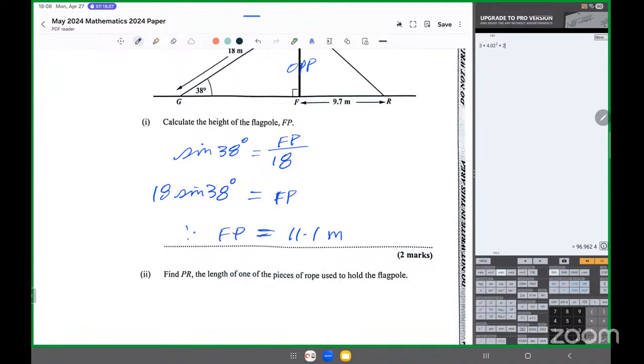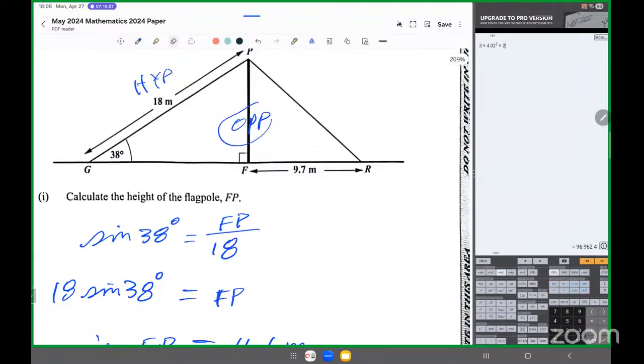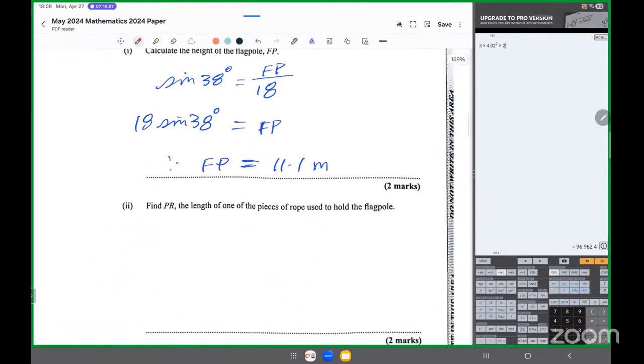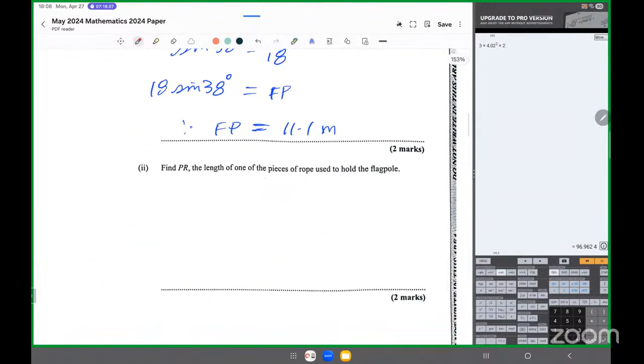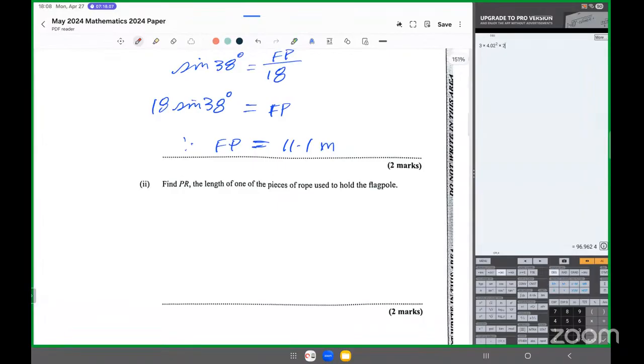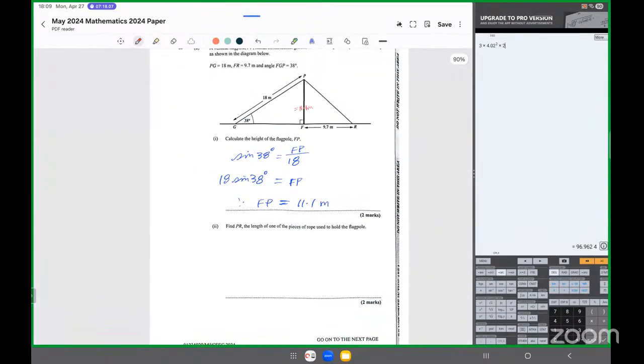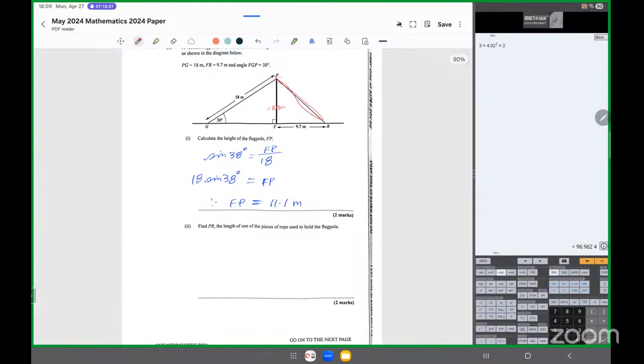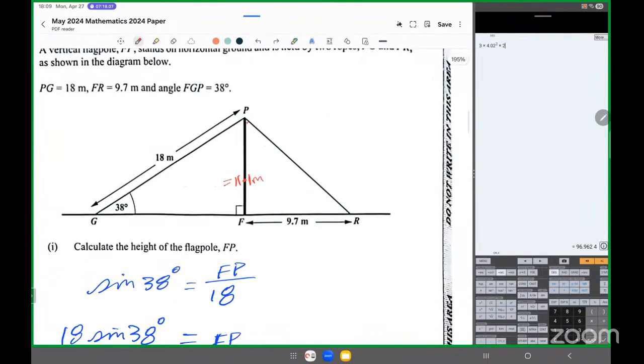All right, next question. We know that this length is 11.1. As you find information, you put it on the diagram. So this length is put on in red. It's now equal to 11.1 meters. Next question says, find PR, the length of one piece of rope used to hold the flagpole. That's this piece over here. So we're going to work in this triangle.